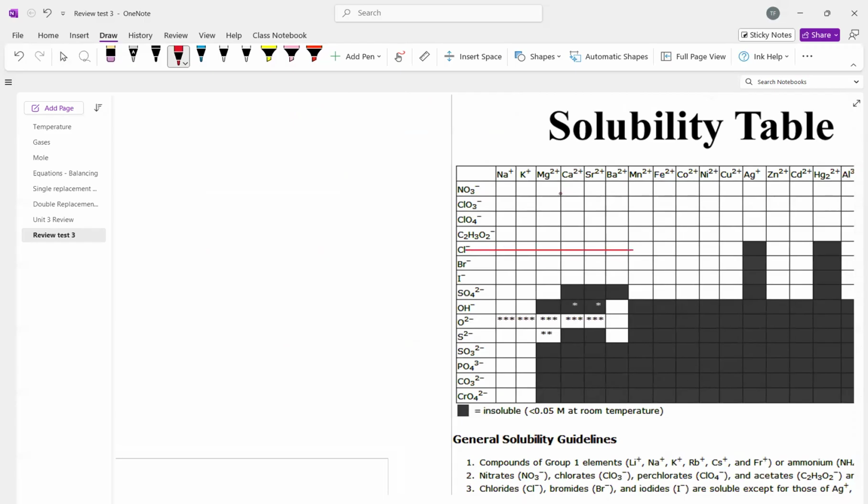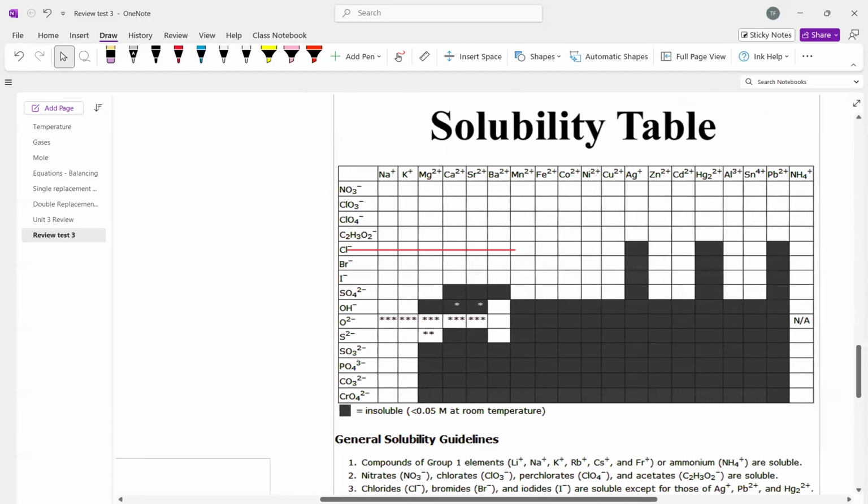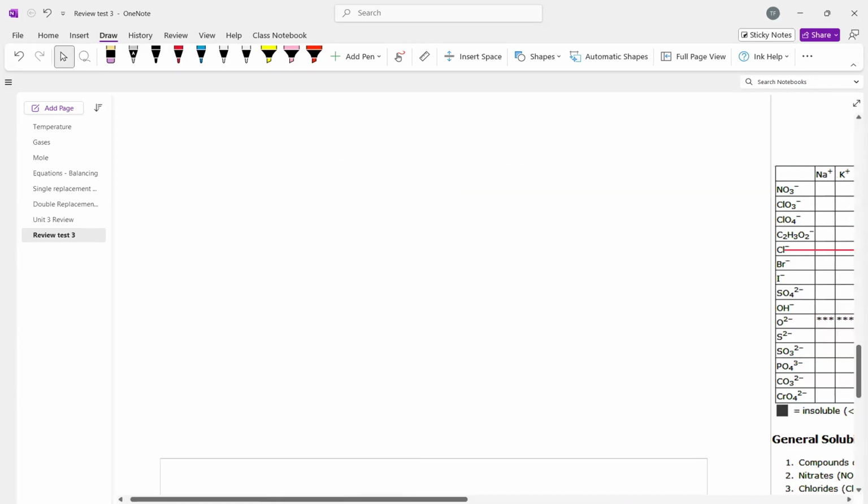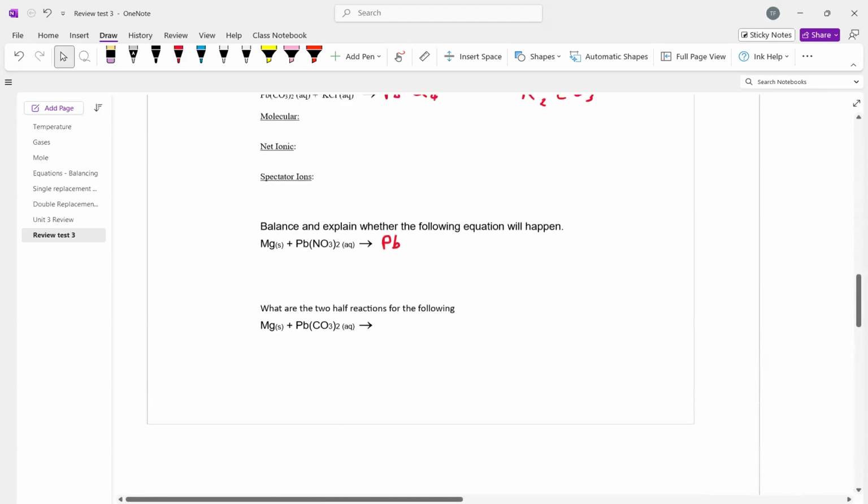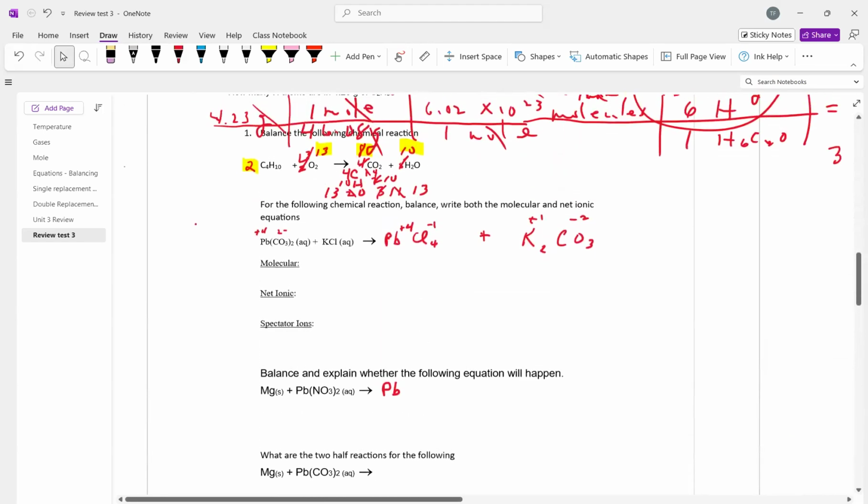And lead, where is lead? Lead's over here. It's black, which means it's a solid. That's what we're going to do in lab today. And potassium, everything with potassium is always aqueous. So that's the molecular formula, balanced.